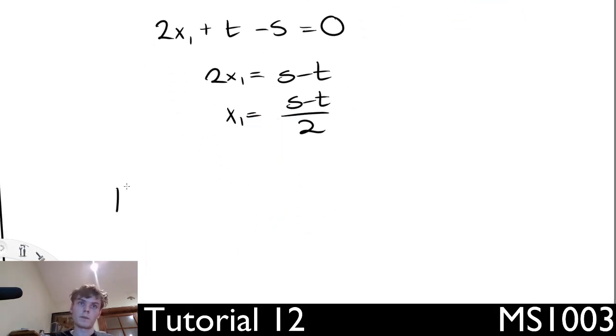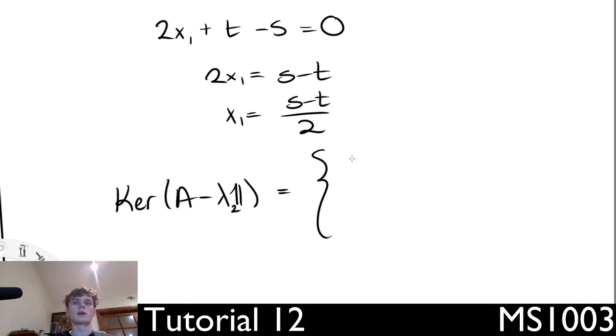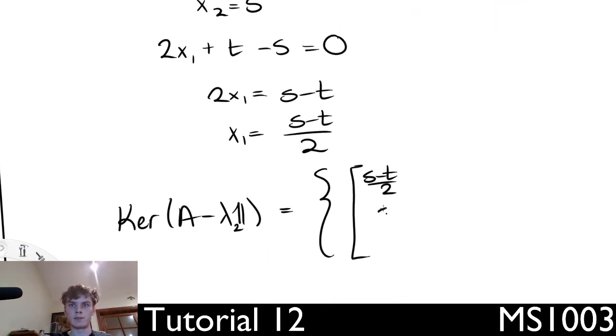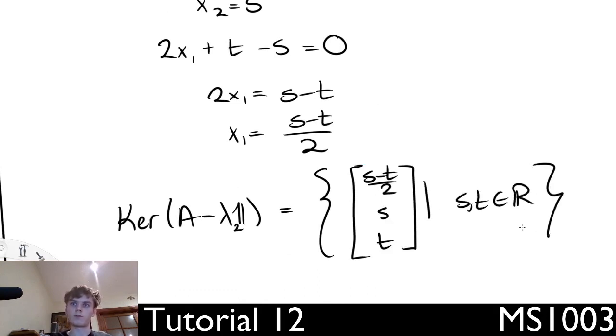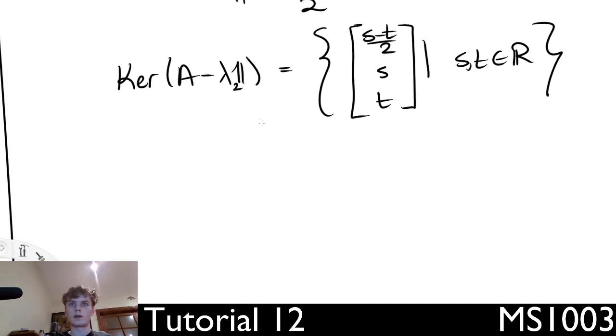So we immediately know what our kernel is. It's going to be the set of all vectors that look like (f minus t)/2, f, t, where f and t are real numbers as always, and I can pull these apart into their respective parts.